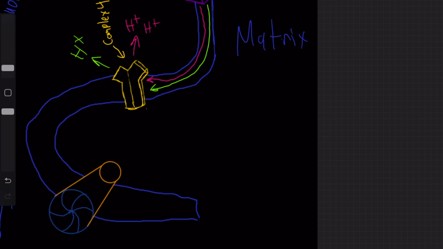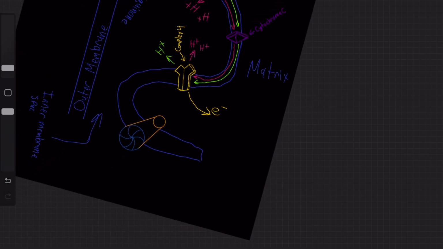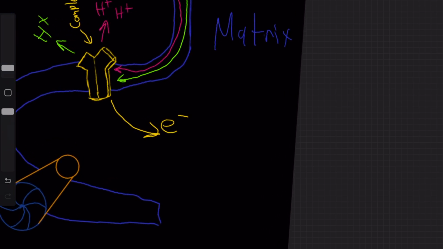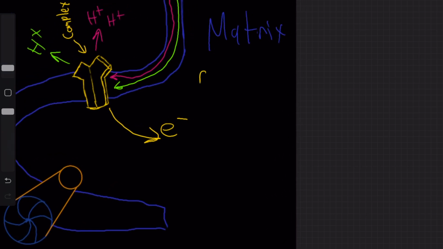The electrons have to go somewhere. The electrons have to be accepted by a final acceptor. So the thing we call this is the final electron acceptor, and that's going to be water. It's going to be turned into water.